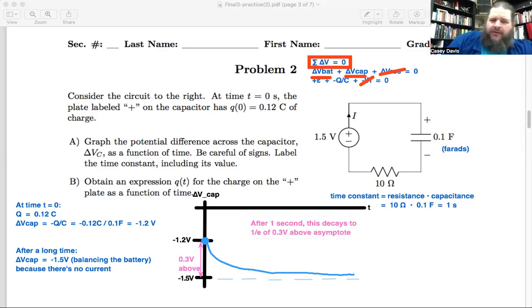And we can punch that into a calculator. 0.3 volts divided by E is about 0.11 volts. And so we can run that calculation as well. 0.11 volts above negative 1.5 would be negative 1.39.